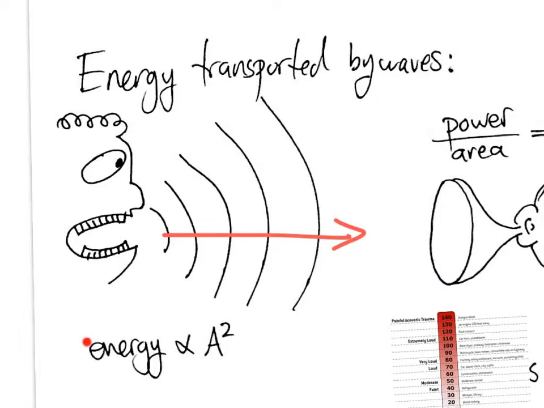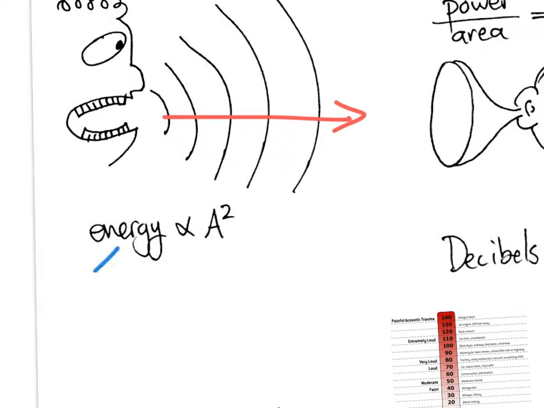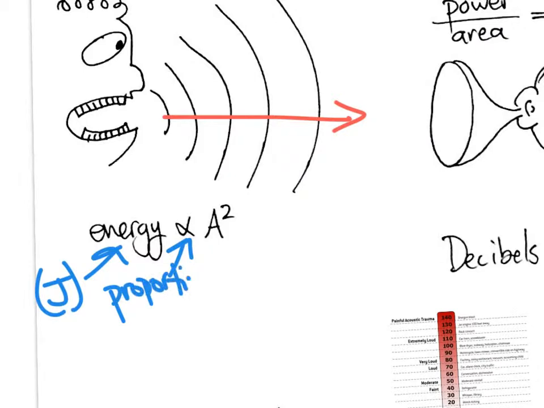The way it works is that energy is proportional to, this little alpha sign, proportional to the square of the amplitude. So we'll write that. This is energy, so we can measure that in joules, and this is proportional to the square of the amplitude.